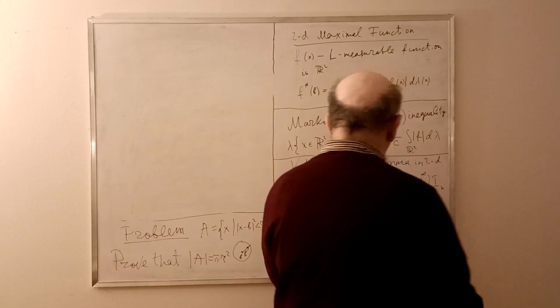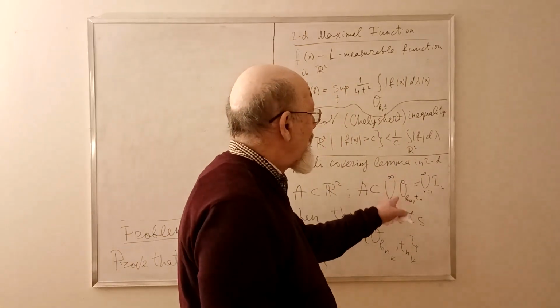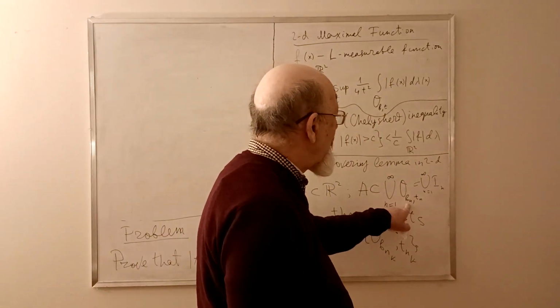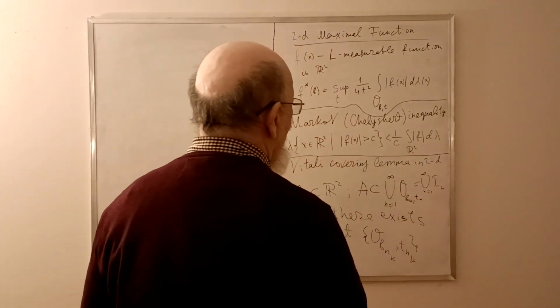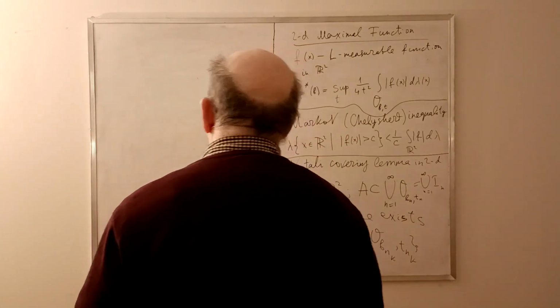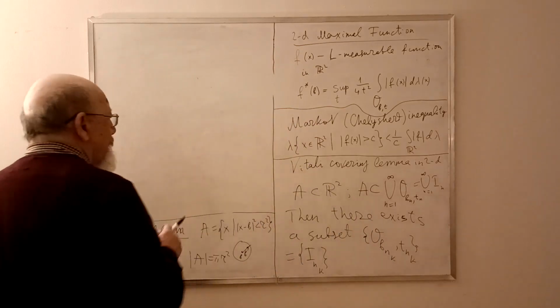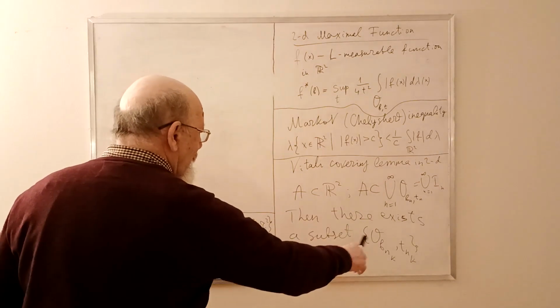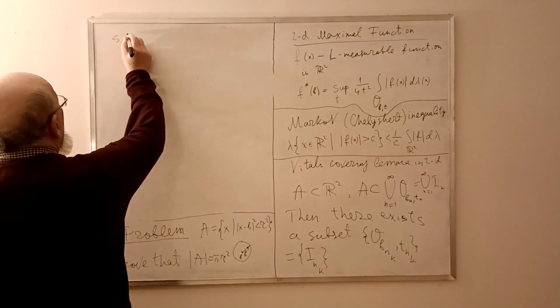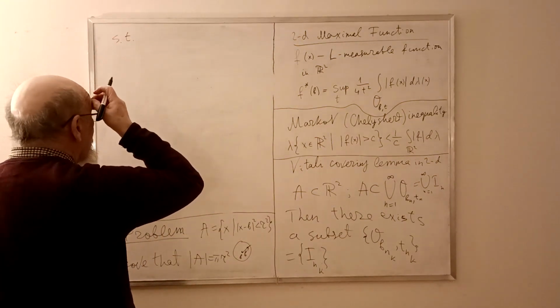Each square I define by I, just like if it were a segment. So then there exists such that we have the following.